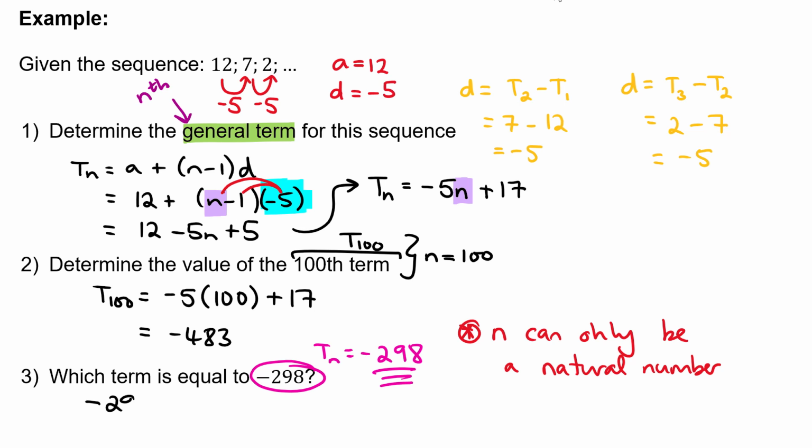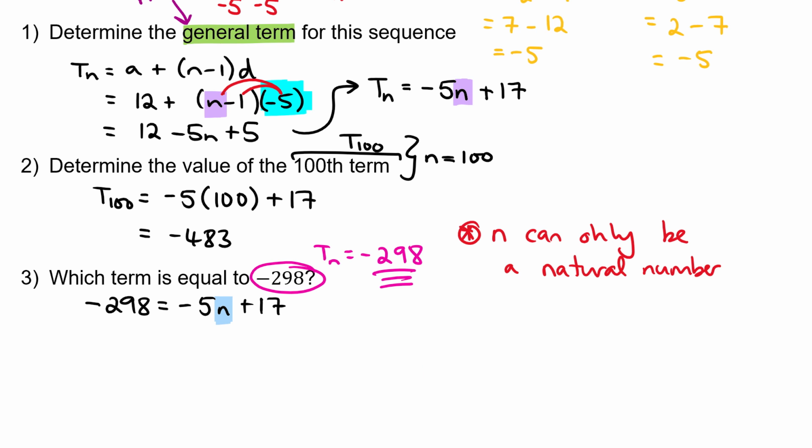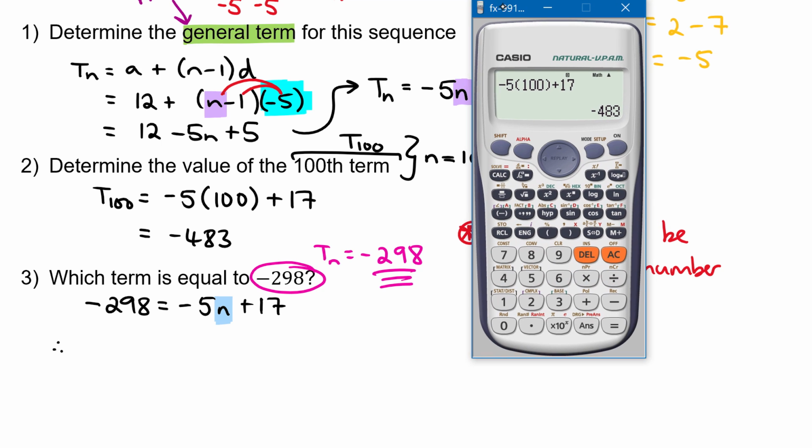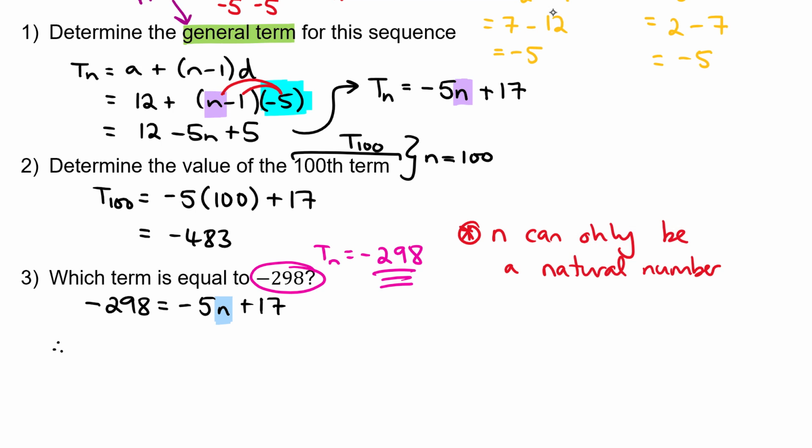We get minus 298 is equal to minus 5n plus 17, and we are solving this equation for n. We're going to move that 17 over. If we take our calculator, minus 298 minus 17, when we move it over, is negative 315.